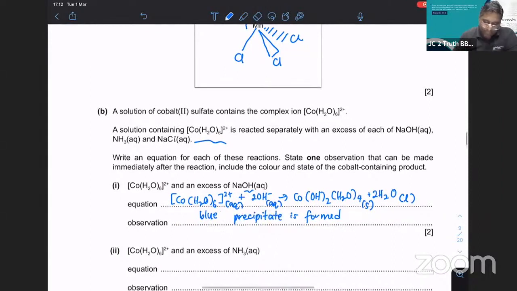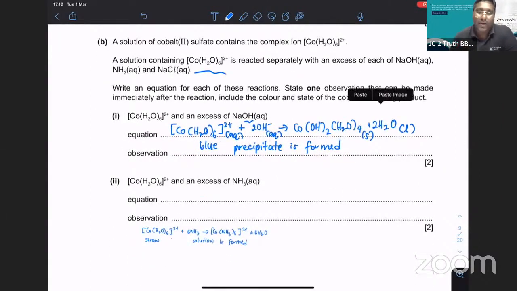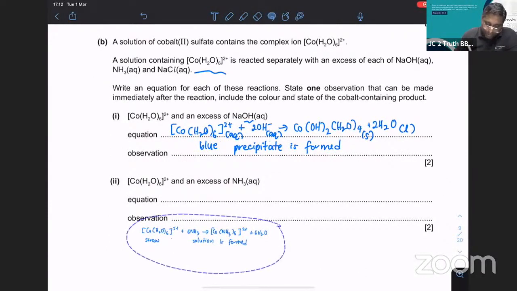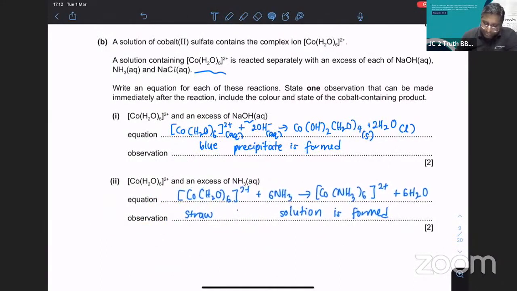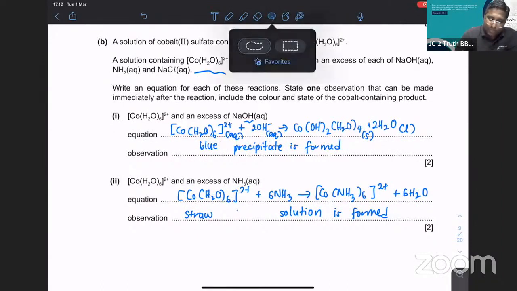Now the next is going to be when you react with ammonia. Same, I have done it earlier, so I will just enlarge this. Refer to my lecture notes or your submissions. We have done all this last time. When you react with ammonia, all the water molecules are exchanged with ammonia, and when it is exchanged, you are going to get a straw solution.